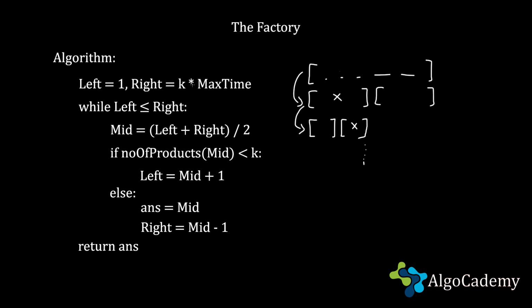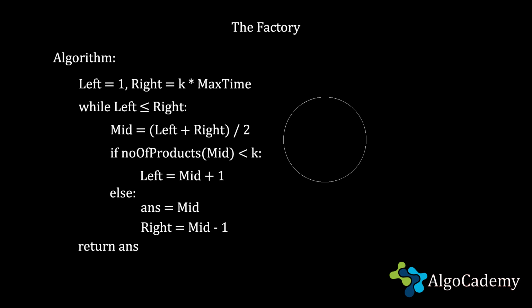So how many times can I divide k crossed max time by 2 until I eventually end up with a searching area which has basically 0 elements? That is log, right? We are performing in the while loop log of k crossed max time iterations. So let's write it here. Log of k crossed max time iterations.